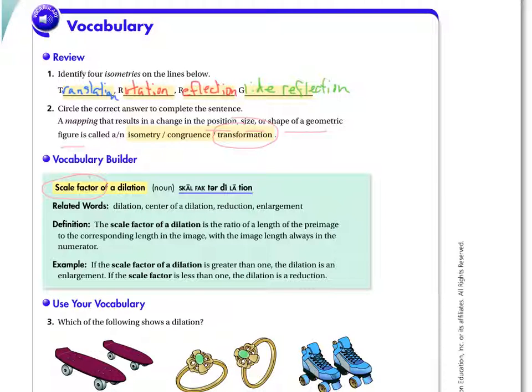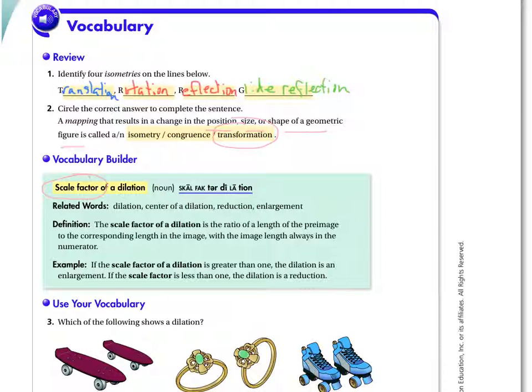That's a scale factor. We were taking the size of a room, 12 feet by 16 feet, and scaling that down to inches on a paper. That dilation shrunk the room into a size that fit onto the paper. And so that's what we're going to work with today.